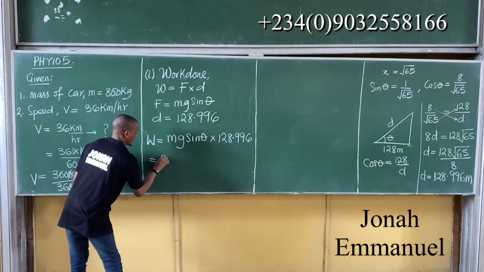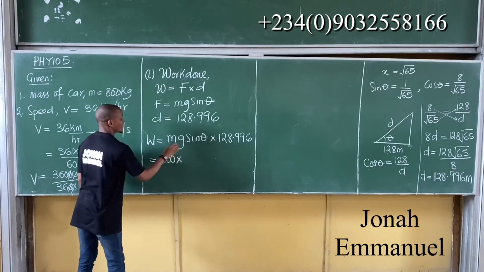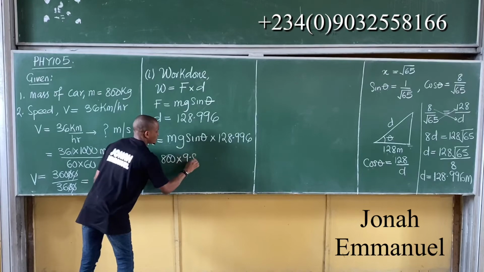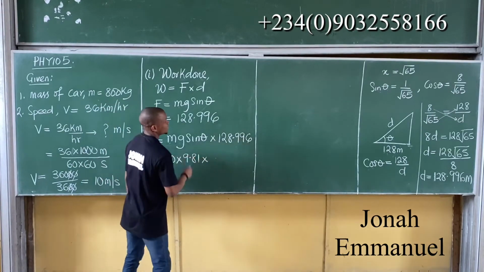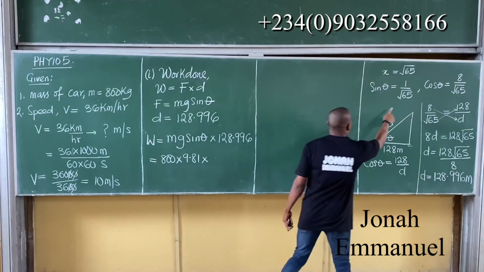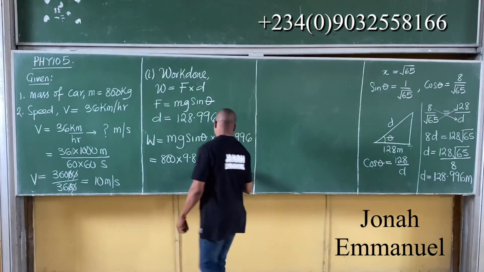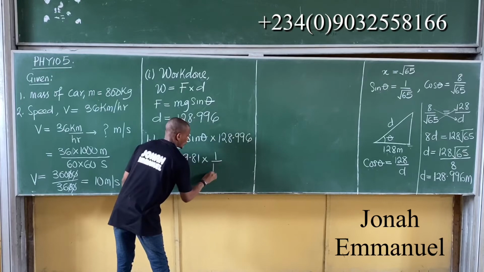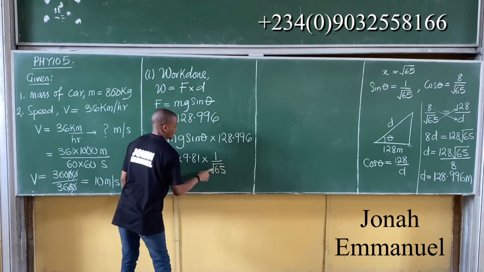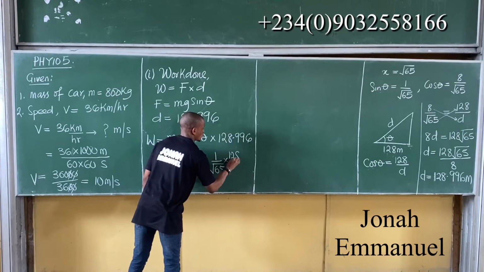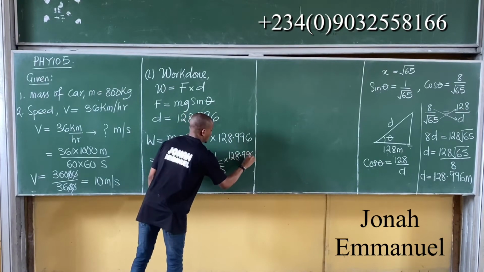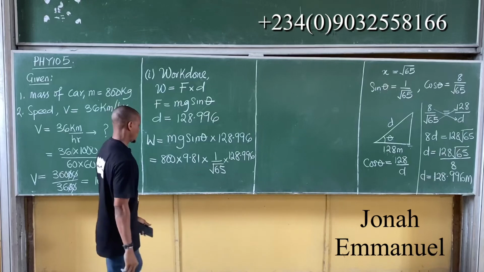It becomes 800 times gravity, 9.81 as given in the question, times sin theta, which you can see here is 1 all over root 65, finally times 128.996.